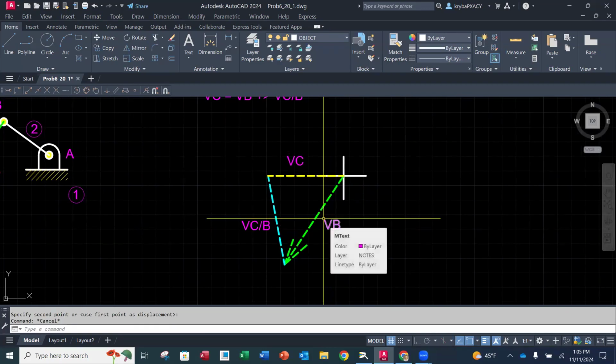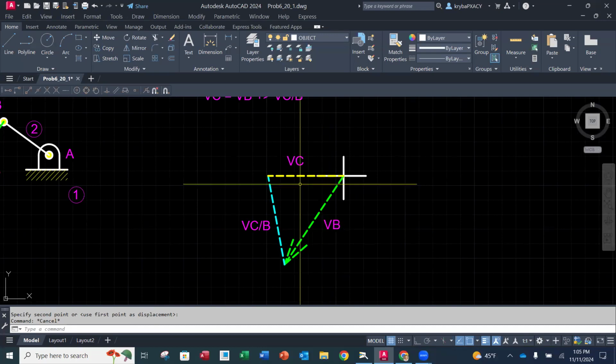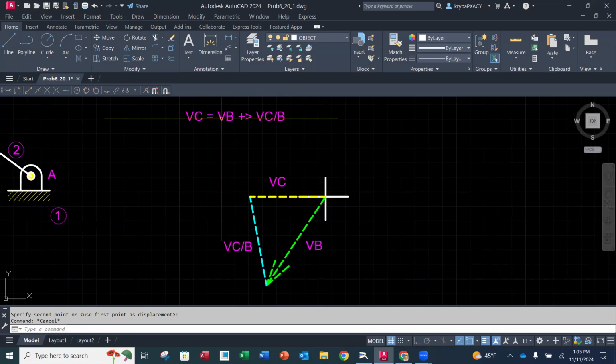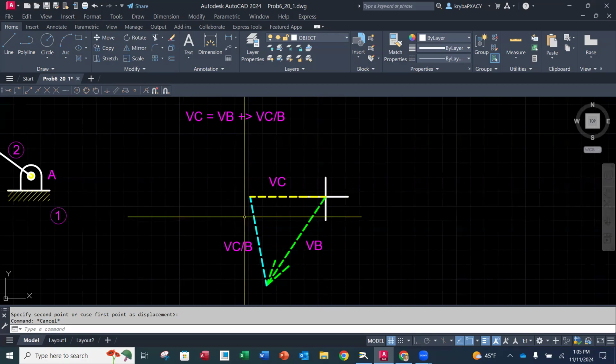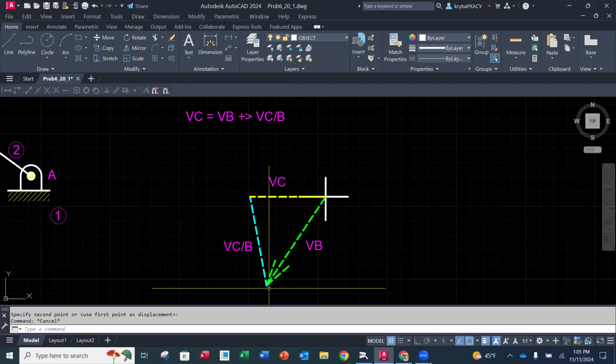Now, don't leave this as is and just measure it. We need arrowheads, okay? So we're going to look back up at our vector diagram, and we're going to look at what we're adding here. So I'm going to start on the right-hand side. Velocity of B. I'm going to add the velocity of C relative to B. So that means that the tail of C relative to B is going to be at the tip of VB, right?